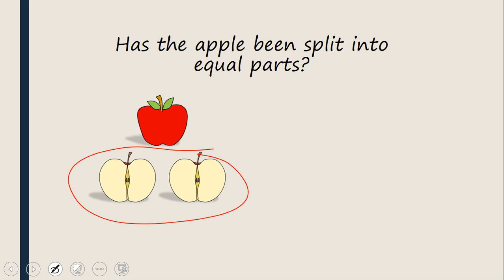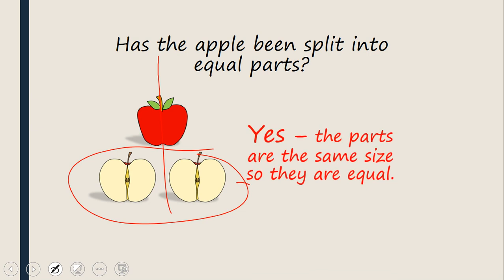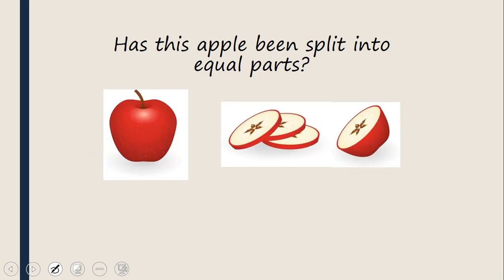Now for me, it looks like they cut straight down the middle. That's as nice as I can get it without using a ruler and measuring, okay? So I'm gonna say that I think that these 2 parts are equal. They are. And that's because they are the same size. So they are 2 equal parts because they are the same size.